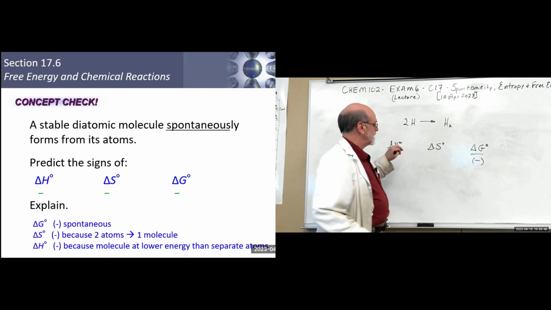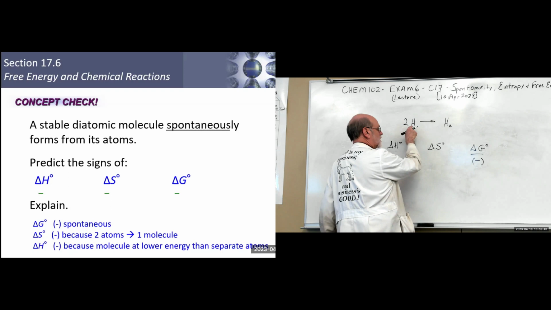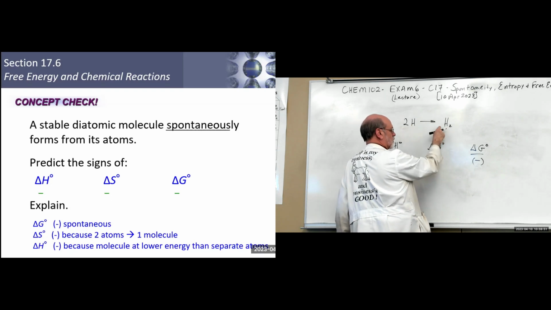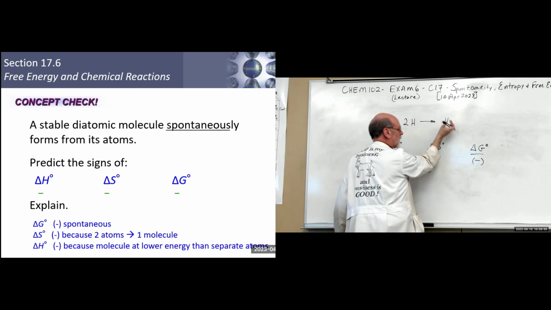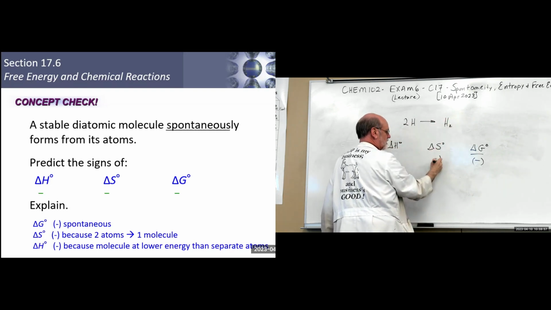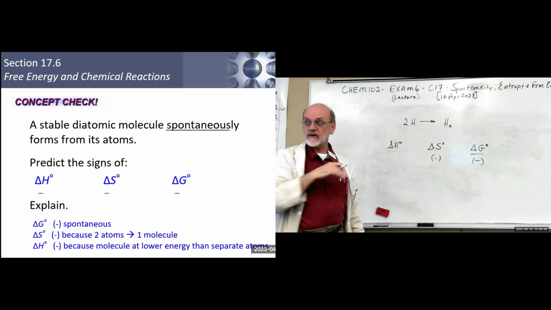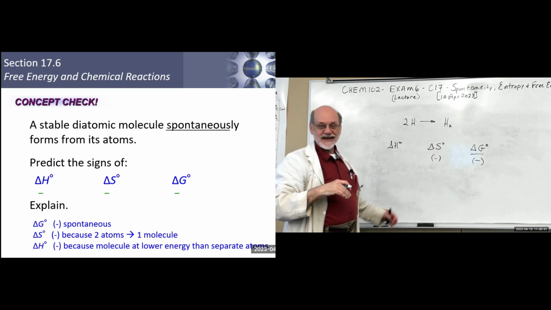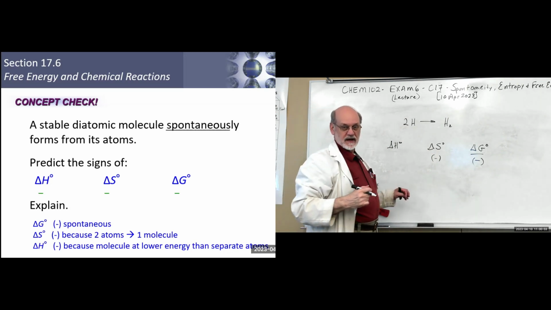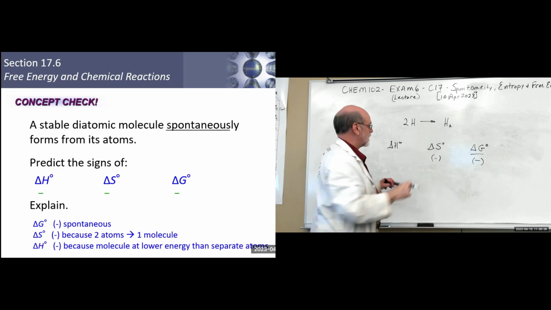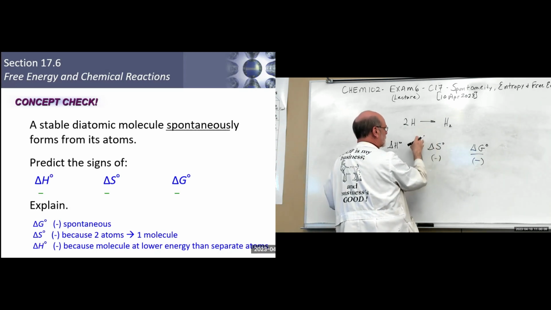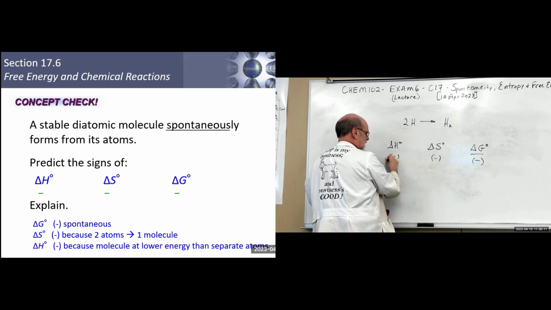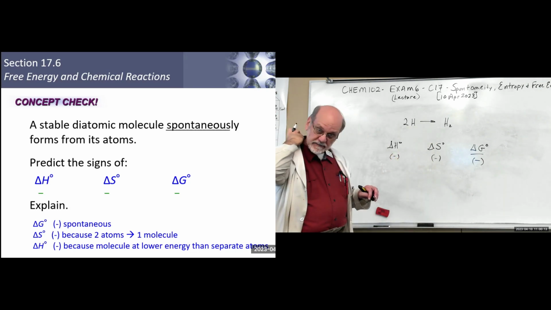Delta S is negative because it goes from more disordered to less disordered. This is more ordered, right? We take 2 separate atoms and make a molecule out of it. So delta S is decreasing. And delta H, because this is lower energy than these two when we form the bond, is also negative.